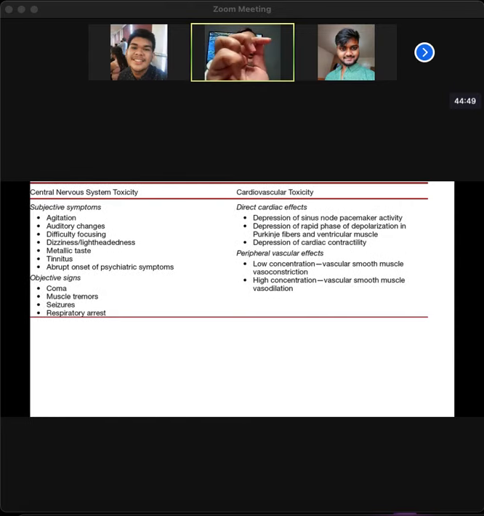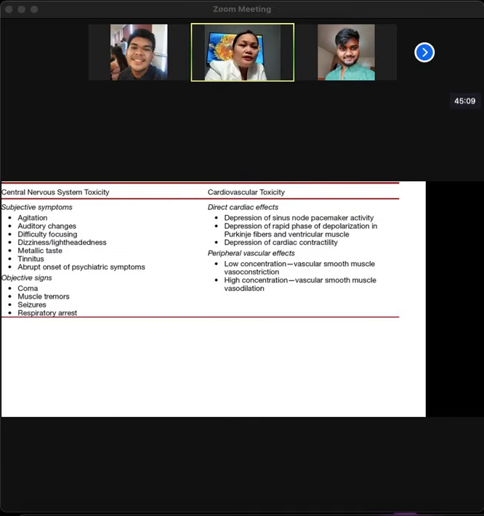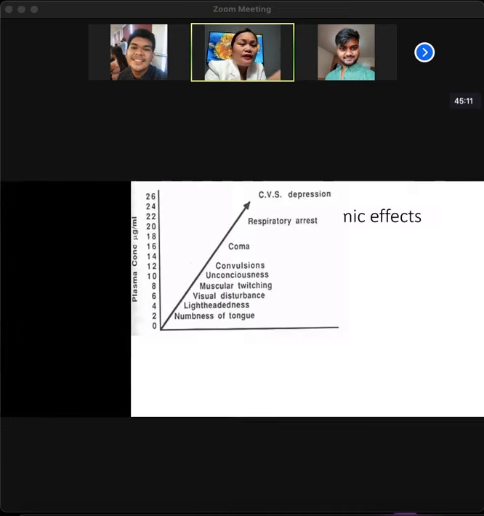For the central nervous system, it can cause agitation, auditory changes, difficulty focusing, dizziness, metallic taste, tinnitus, abrupt onset of psychiatric symptoms. And may also cause coma, muscle tremors, seizures, and respiratory arrest. Okay? Yan, sinabi na natin yung CV effect.